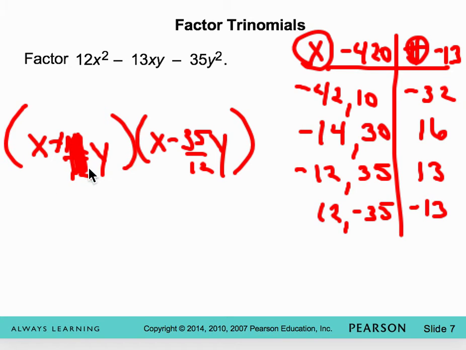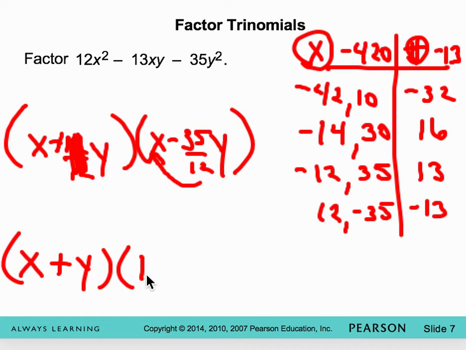So if it simplifies to a whole number, that's my factor, x plus y. Okay, this doesn't reduce at all. So the 12 comes to the front, and we have 12x minus 35y. Perfect.